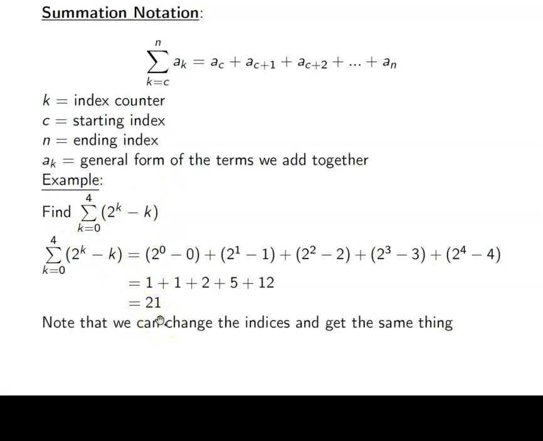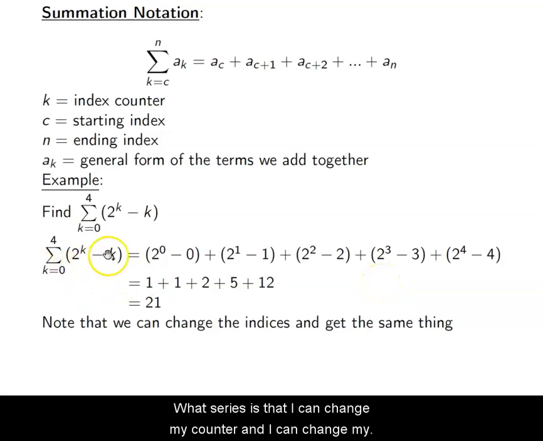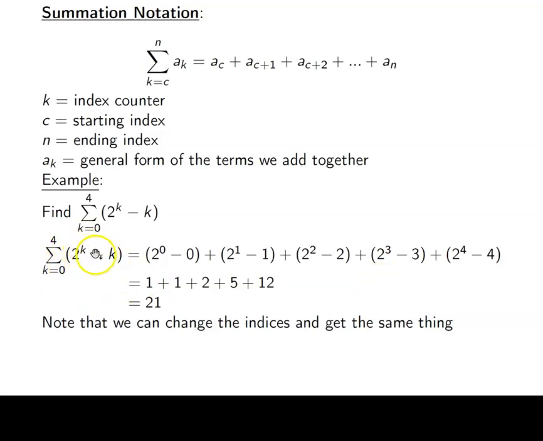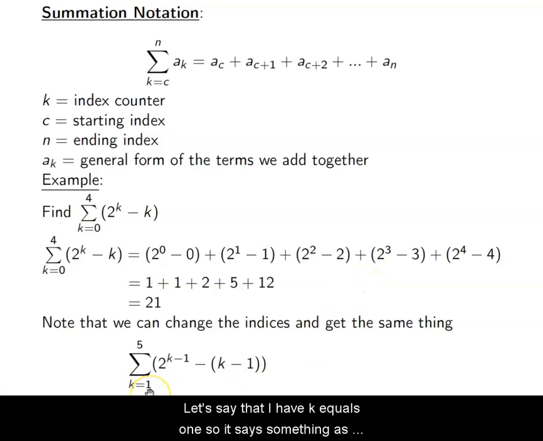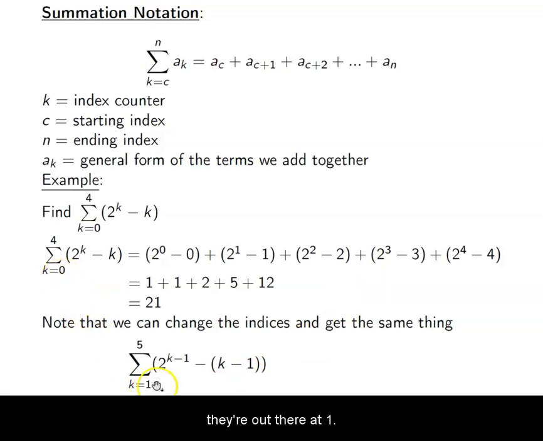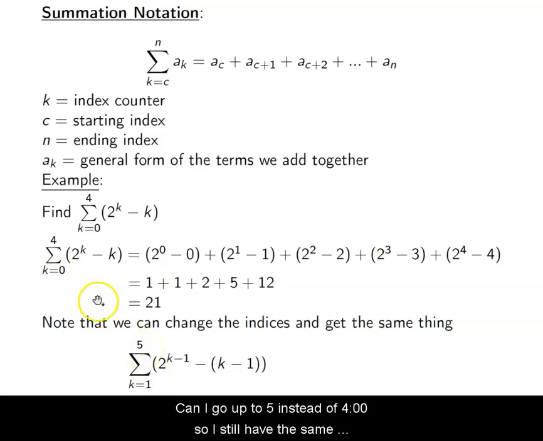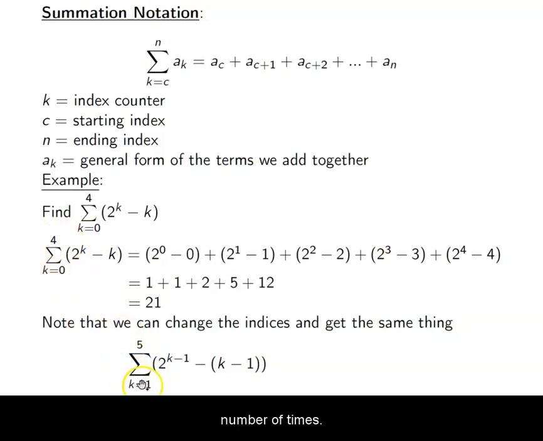Now the thing with series is that I can change my counter, my index k here, so that I start somewhere else, but I have the exact same sequence of values. As an example, let's say that I have k equals 1, so instead of starting at 0, I start at 1, and I go up to 5 instead of 4, so I still have the same number of terms.